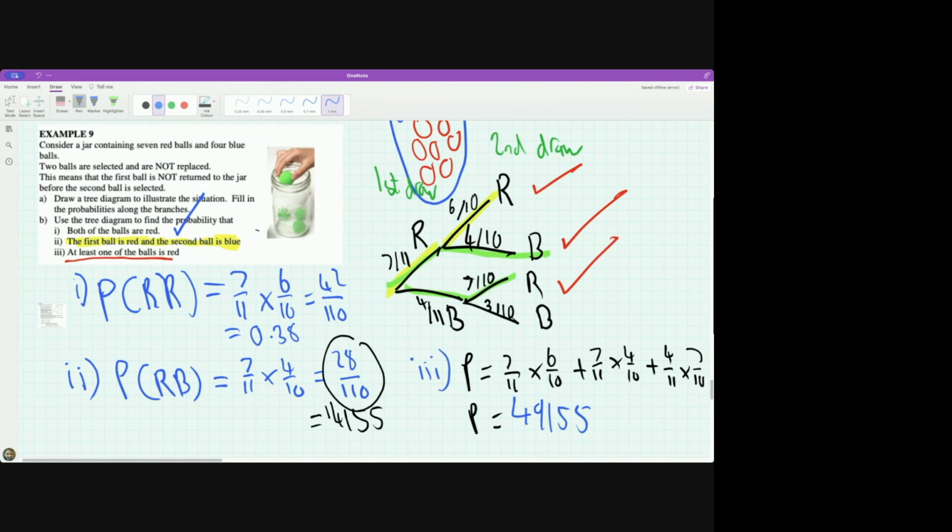Oh no, I mean for the third question, for B, you made a P and then two brackets. I don't know what was supposed to go inside. Okay, so for the third one, you would just put all the choices that are relevant. So it would be RR or RB or BR, because those are the three choices that have some red in them. Okay, thanks, sir.